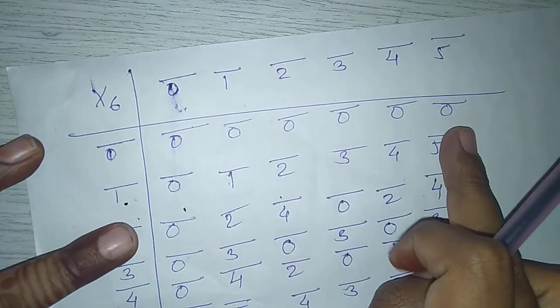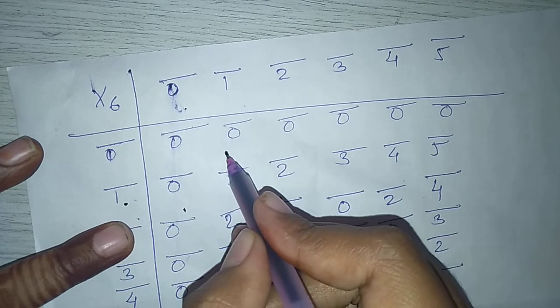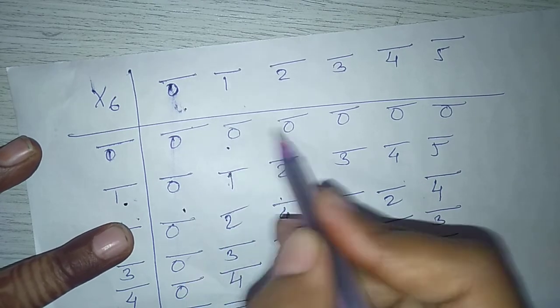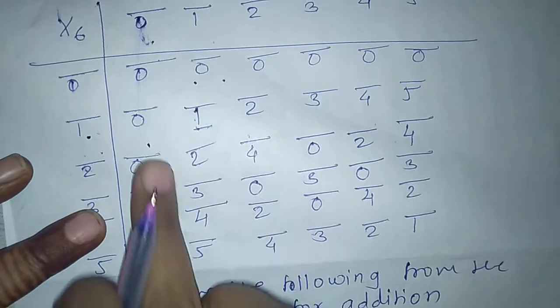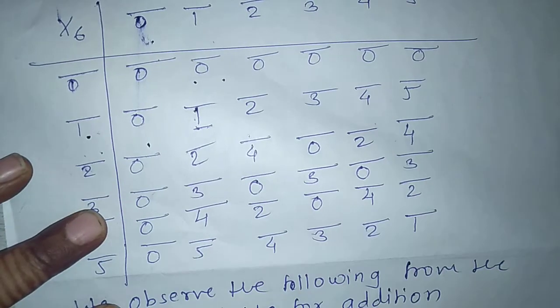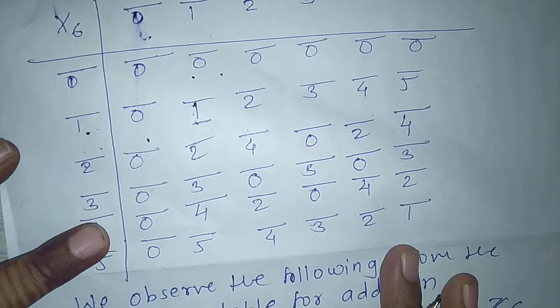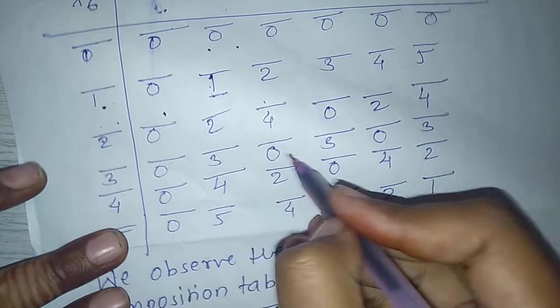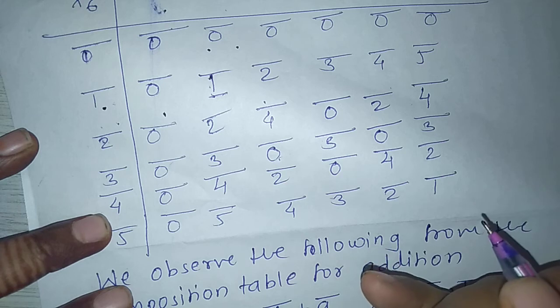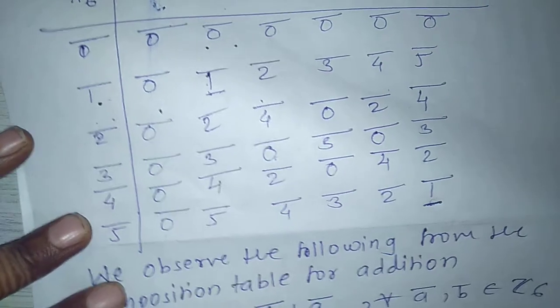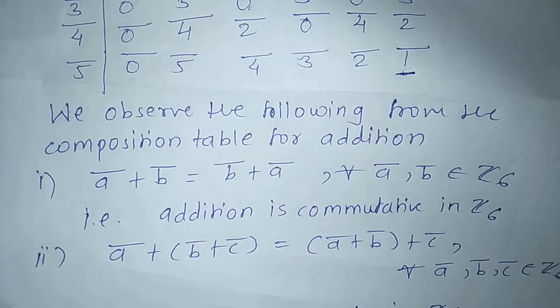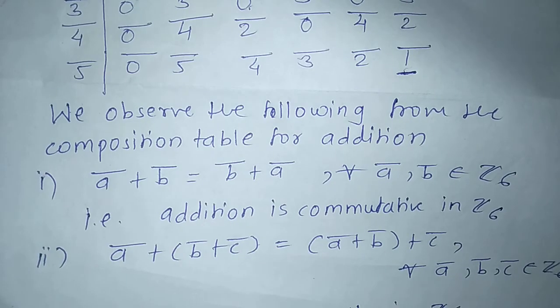In the first row we cannot see the 1 bar, here also 1 bar is not there. Similarly in the last row 1 bar is not there. Therefore multiplicative inverse for all elements does not exist in Z6 under multiplication.